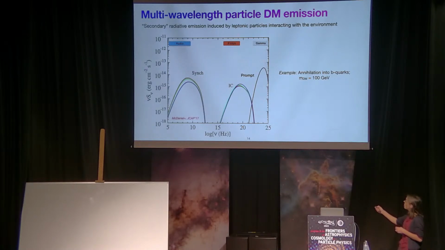But because of this secondary production through inverse Compton and synchrotron, you also do expect a peak in hard X-rays from inverse Compton, and a second peak in the radio band from the synchrotron. So you can truly try to leverage those multi-wavelength spectra in order to, again, increase your sensitivity to a dark matter signal.